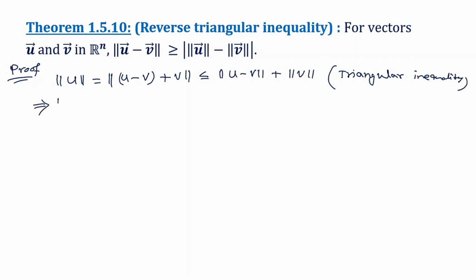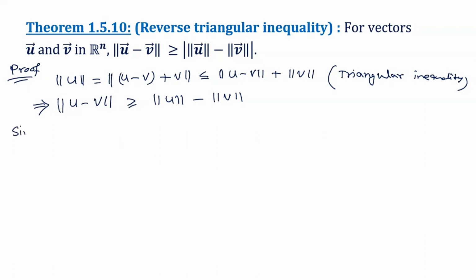This implies the norm of u minus v is greater than or equal to the norm of u minus the norm of v.